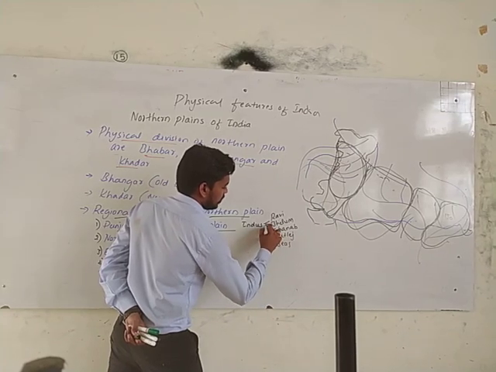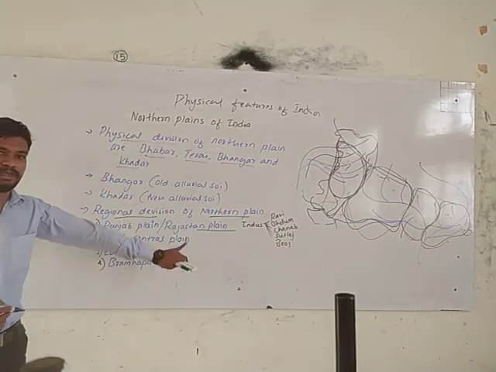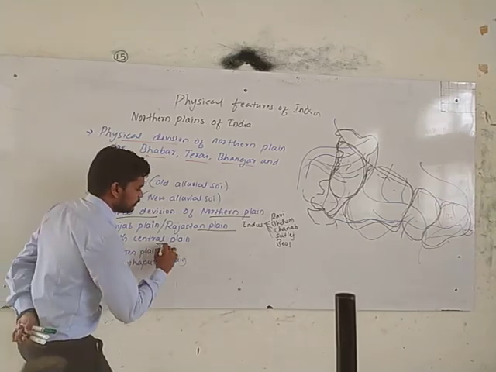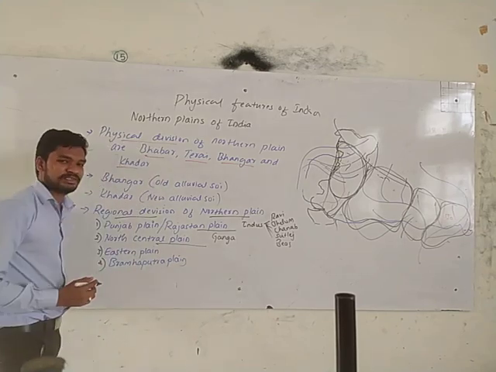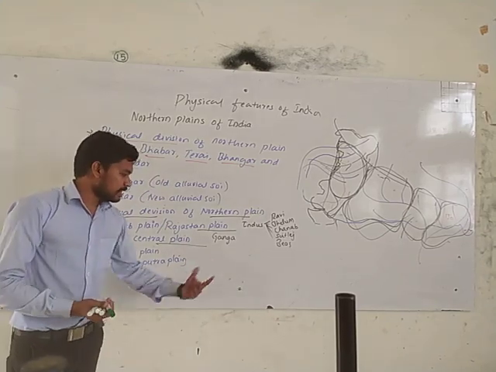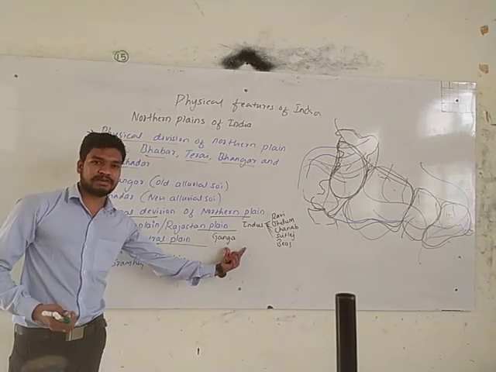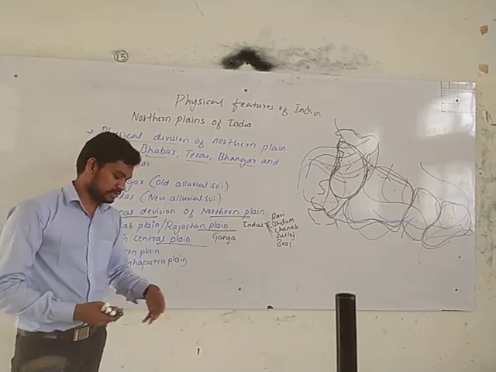These are the 5 important tributaries which have formed this plain. And the northern central plain is mainly the river Ganga and its tributaries, many tributaries like Yamuna, Gagar, Gandak, Koshi, Betwa, Son. These are the important tributaries of Ganga.